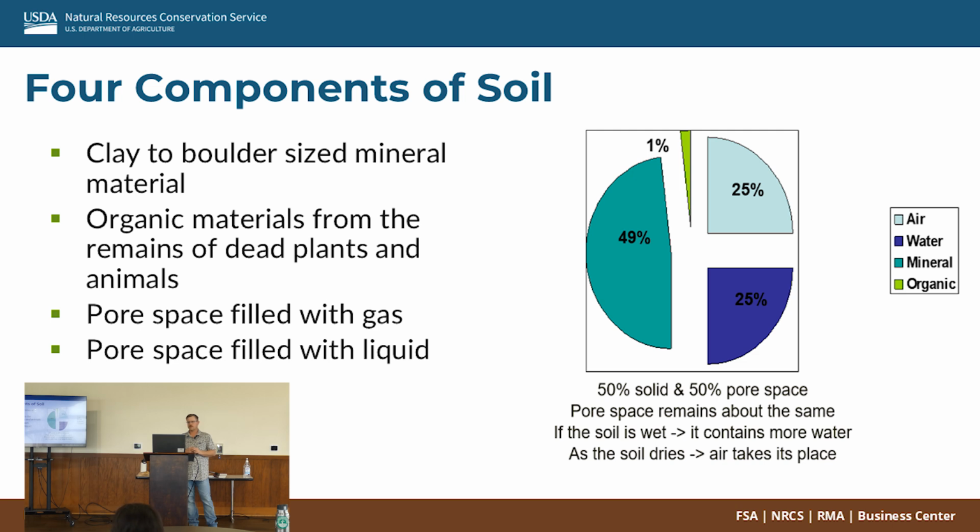And then pore space, and that can consist of, once again, the liquids or water and gas. The mineral and organic material each comprise 50% of the soil, and the air and water make up the 50% pore space. And that 50% pore space can fluctuate based on the types of soils.